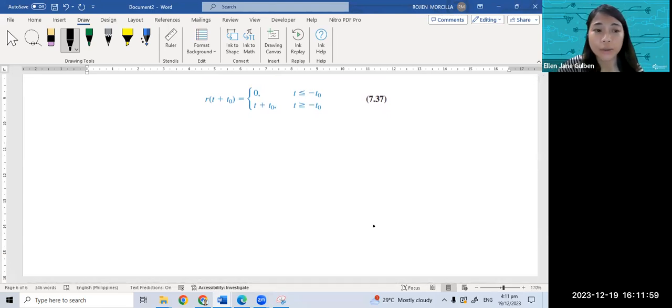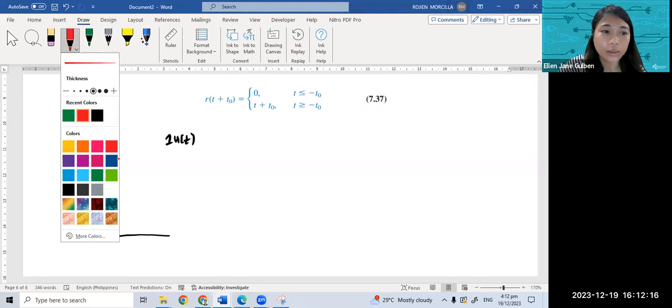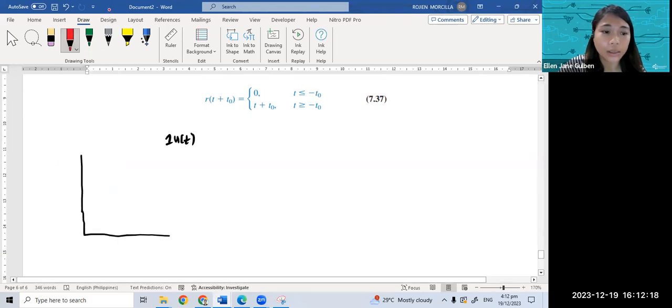For example, we have a unit step function, 1 u of t. 1 u of t would look like this, and it would continue forever.